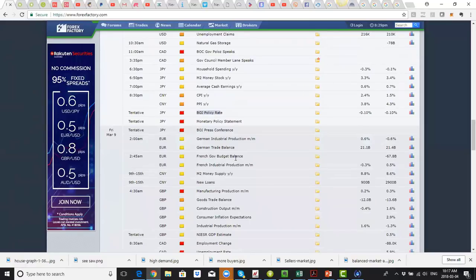Last week, late in the week, we heard that Kuroda essentially said that it's time for them to change monetary policy. And Japan has been the one country with the loosest monetary policy.